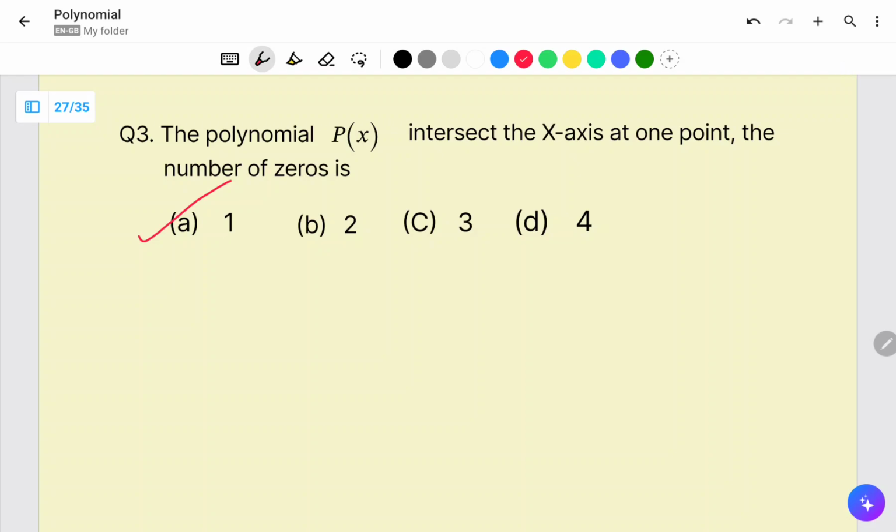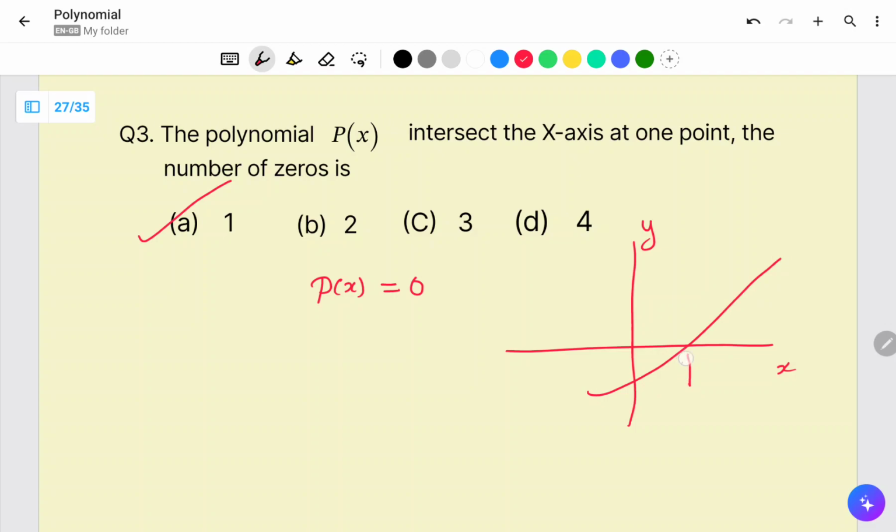Since p(x) intersects the x-axis at one point, it means that at one particular value of x, p(x) equals 0. For example, suppose this one is the x-axis, this one is the y-axis. If we plot the polynomial p(x) as a function of x, suppose we have this graph.